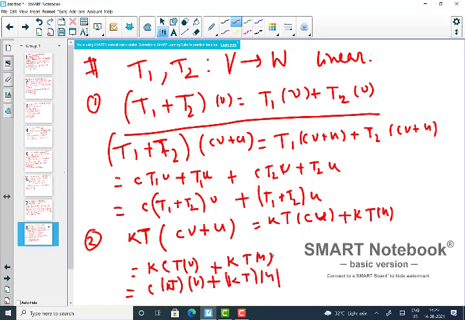So see, both properties are satisfied. The addition is linear, and if you multiply by some constant, it is also linear.